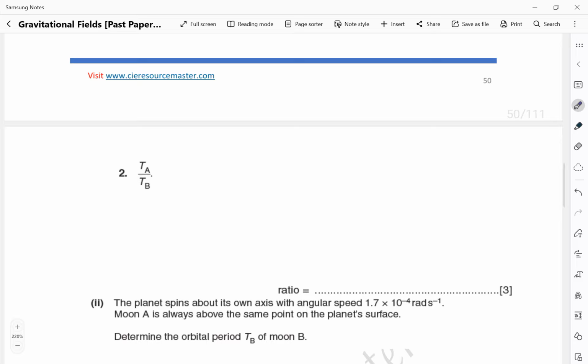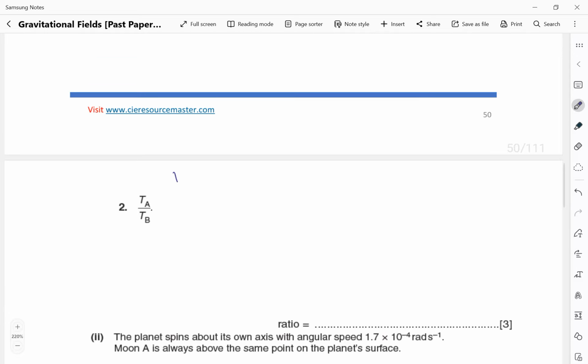Then TA over TB. Of course, T is the period. So we know earlier on that V is also given by omega times R, which is the same as 2 pi R over period. So it means that VA should be equal to 2 pi RA divided by period of A. And at the same time for B, VB should be equal to 2 pi RB divided by the period of B. Now I'm going to combine those two equations.